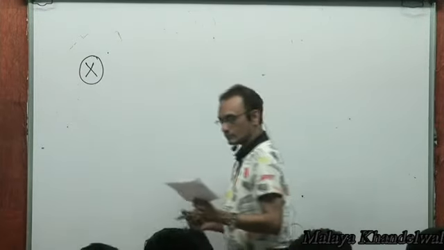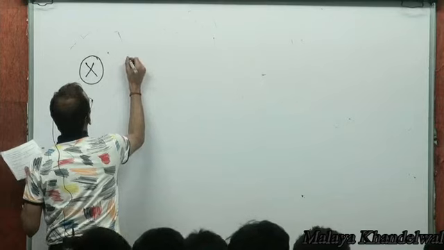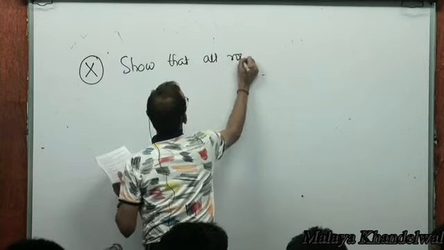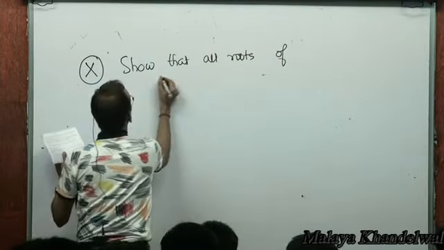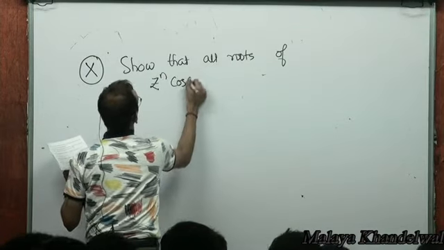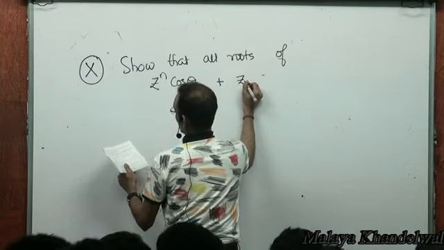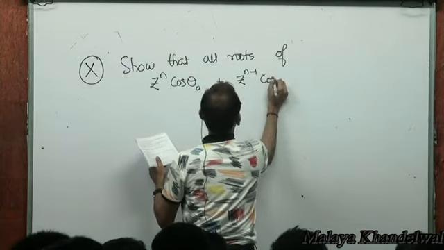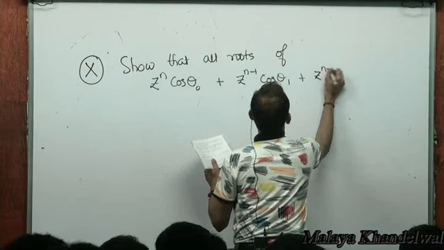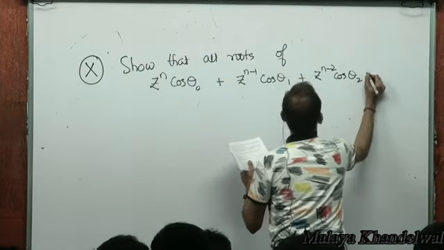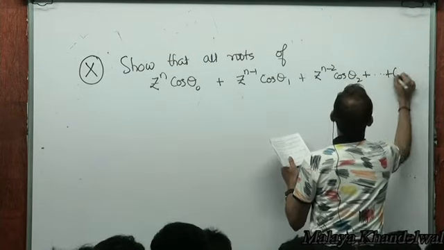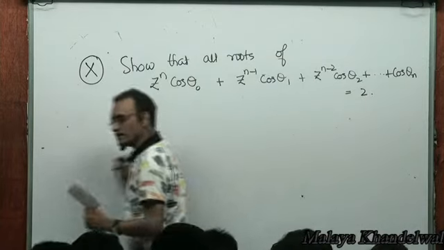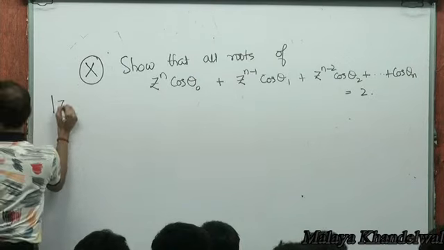Okay. We need to show that all roots of z to the power n cos theta naught, plus z to the power n minus 1 cos theta 1, plus z to the power n minus 2 cos theta 2, plus ... plus cos theta n equals 2, where these thetas are all real numbers, lie outside the circle mod z equal to half.